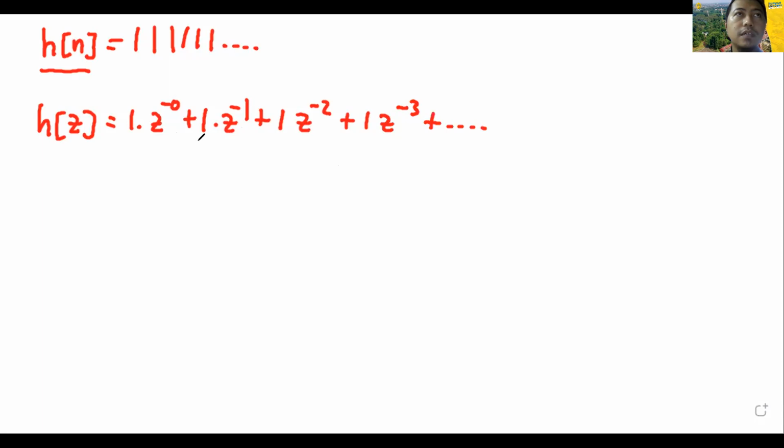Until this step we are finished, and we can say this is a Z transform.